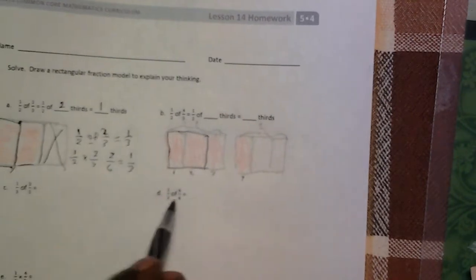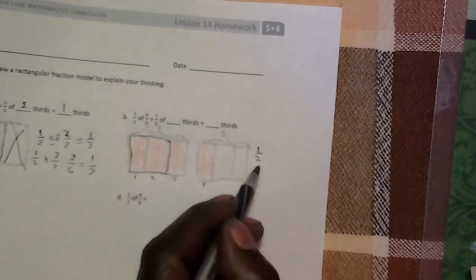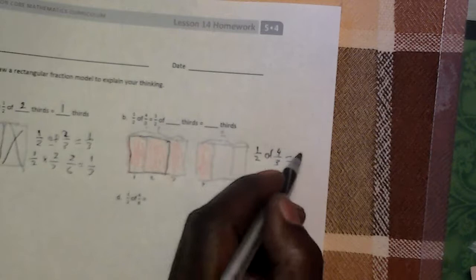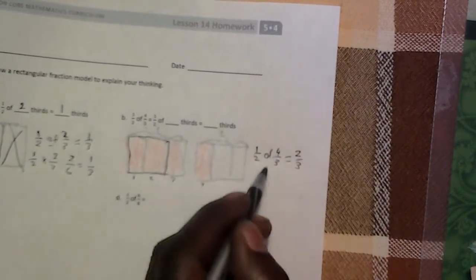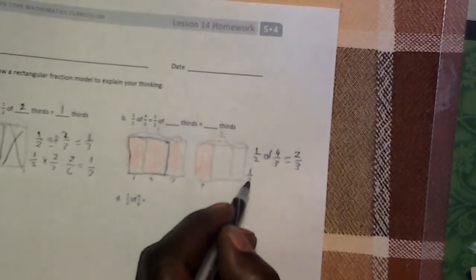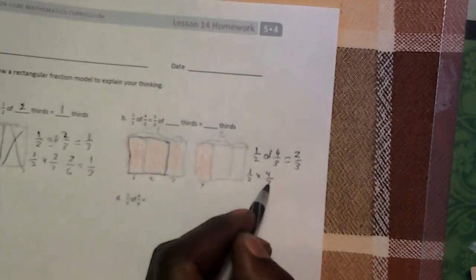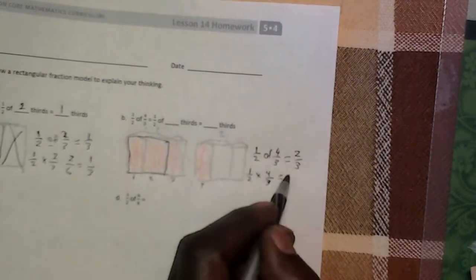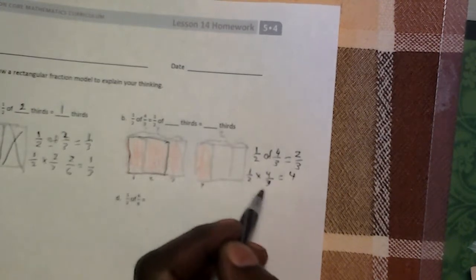So you can say that 1/2 of 4/3 equals 2/3. Okay, so we can check that with math. So we do 1/2 times, because of means times, 4/3 equals 4 over 6.